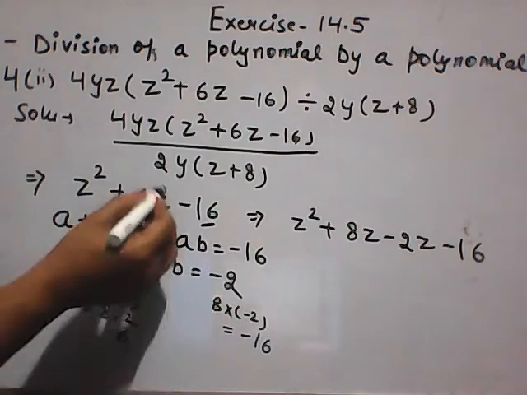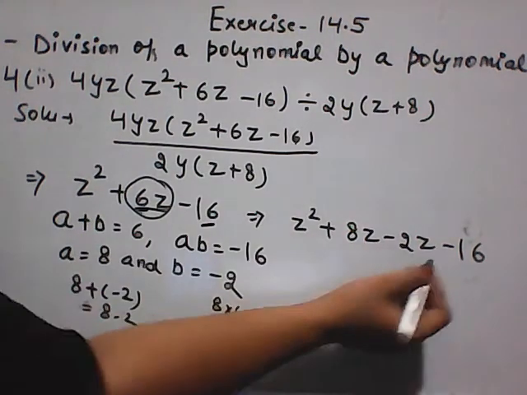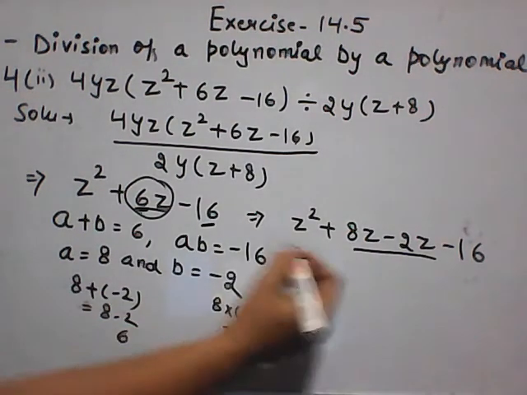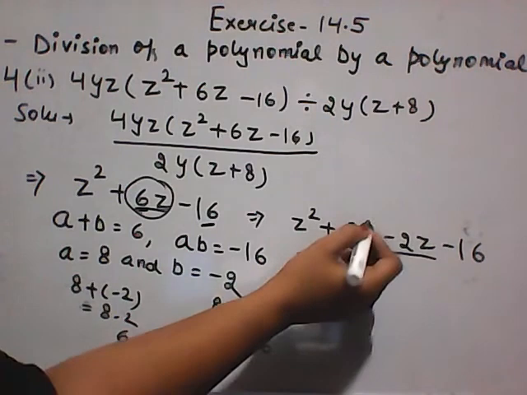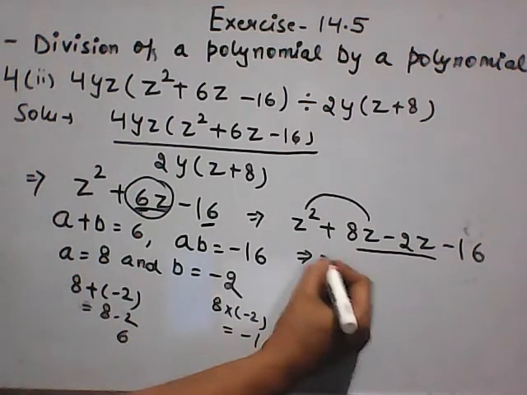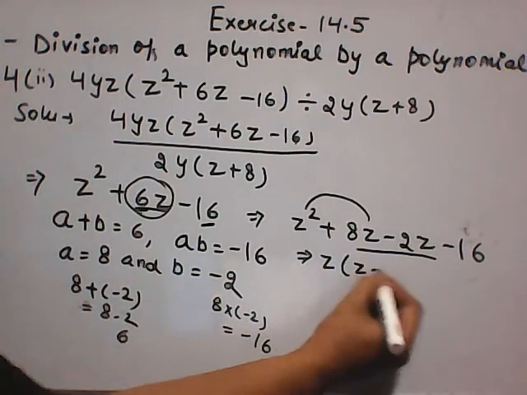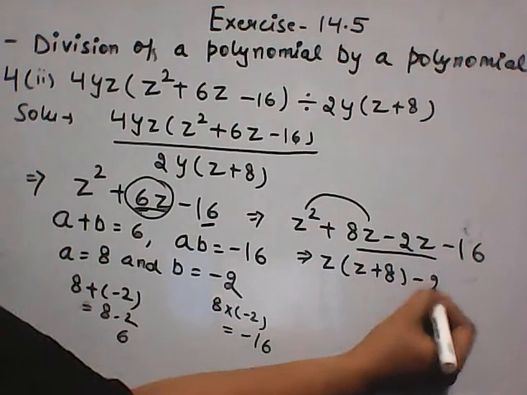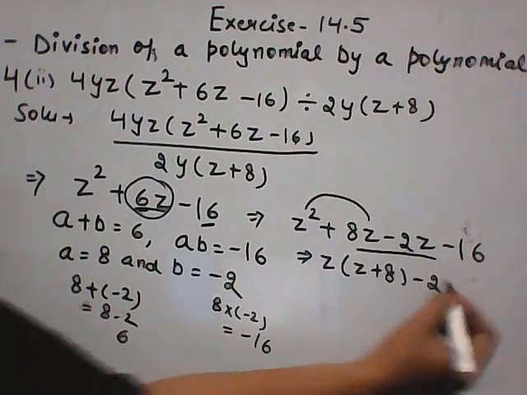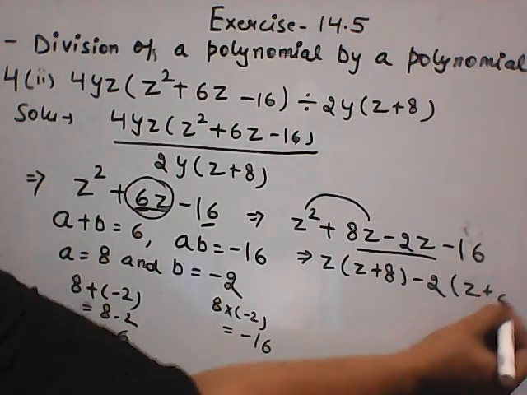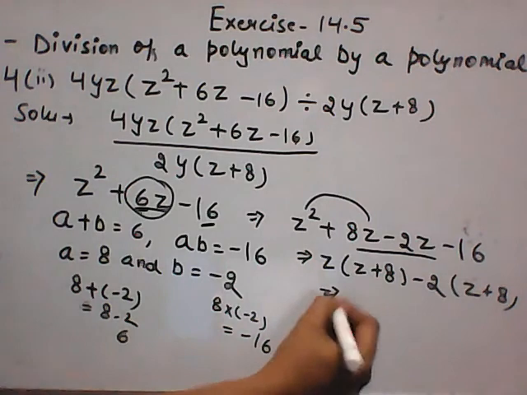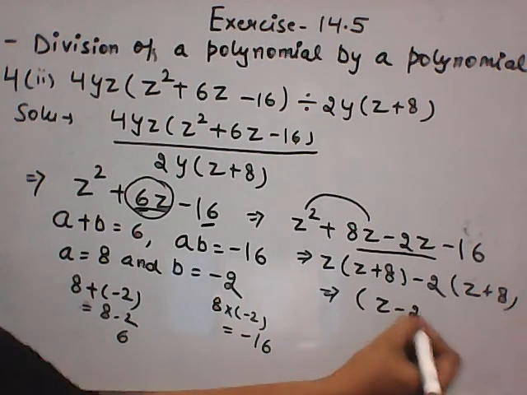We can factorize 6z as 8z minus 2z. Now you can take z square plus 8z and take z as common: z into (z plus 8). Then minus 2z minus 16, take out minus 2 as common: minus 2 into (z plus 8). So the factors are z minus 2 and z plus 8.